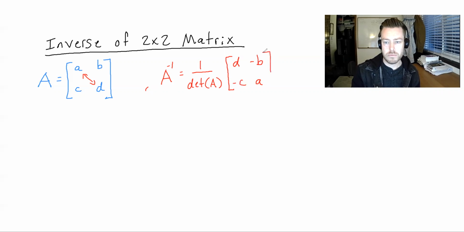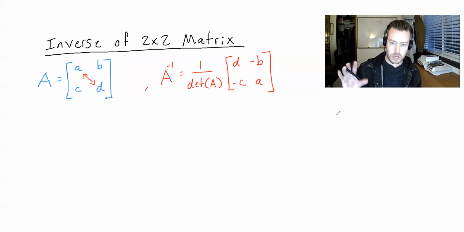Okay. So there's a lot of reasons as to why this is the case, but it's a lot simpler if we just learn how to do it. And then maybe another time we can go over exactly the derivation on how to do this. So switching up the elements, finding the negative of them, it's not necessarily that hard.